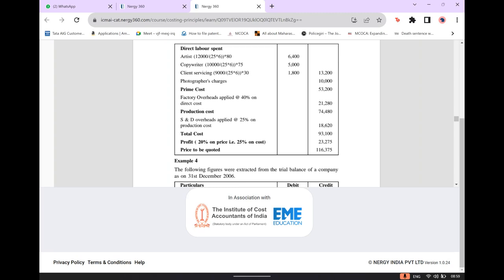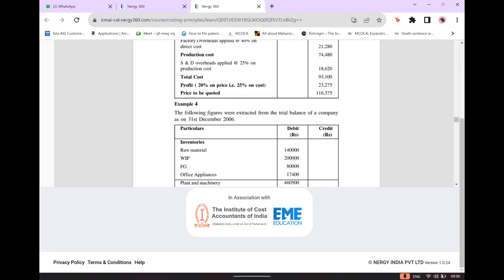So you remember, 20% on the price will be 25% on the cost. 25% on the price will be 33 1/3% on the cost. So these are the one or two things. They can give you multiple choice questions saying if this is the percentage on the selling price, how much is it on the cost. So we have worked it out also. So the price to be quoted will be 1,16,375. So we have worked it out in detail.